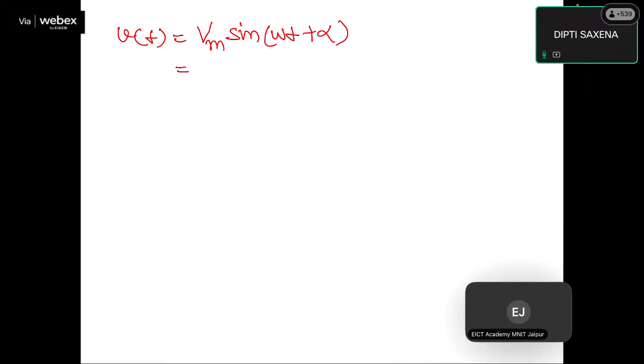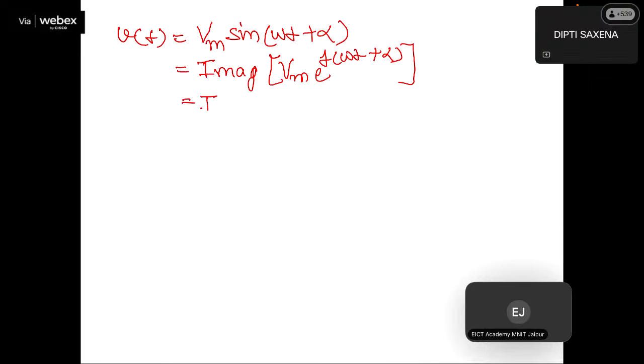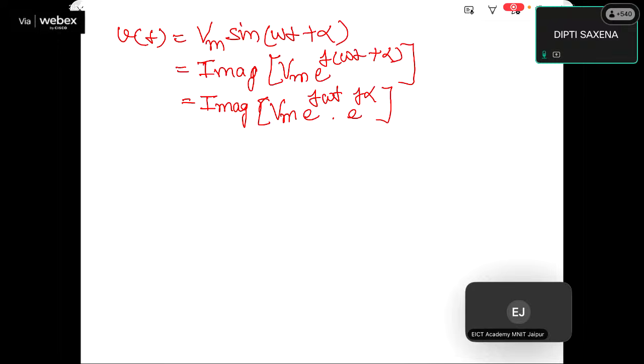Now I can write this as the imaginary part of Vm e raised to the power j omega t plus alpha. Already we have seen this. And the same can be written as the imaginary part of Vm e raised to the power j omega t into e raised to the power j alpha.